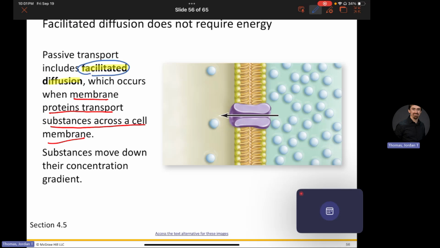Something's helping it through. And what's helping that molecule go down its gradient is a protein. So we can see here, we have these circles going through the protein, this purple structure, down the concentration gradient, and either into or out of the cell. It's very similar to simple diffusion, but we're using this protein here now.